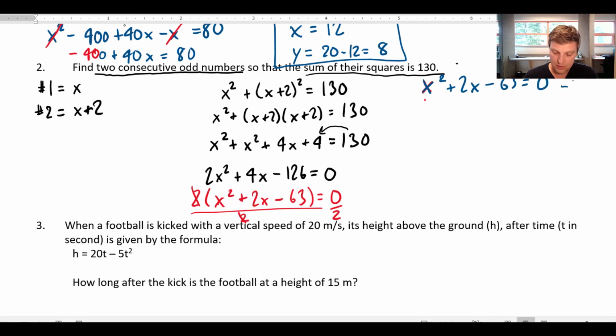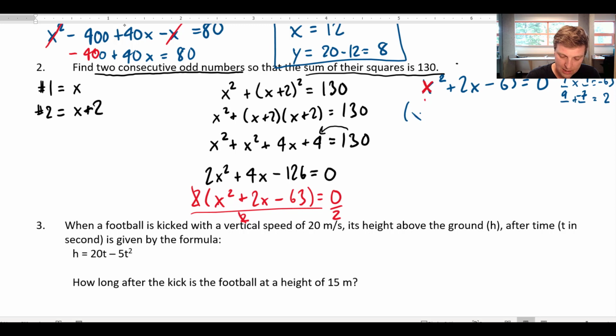And so I'm looking for two numbers that are going to multiply to negative 63 that are going to add to positive 2. So factors of 63 include 7 and 9, and they're off by 2. And so positive 9 and negative 7, those will fit the bill.